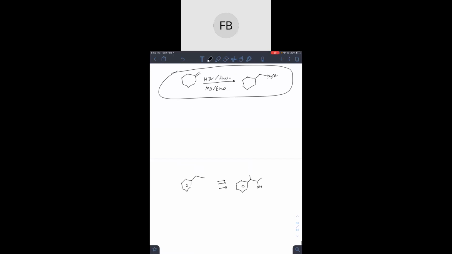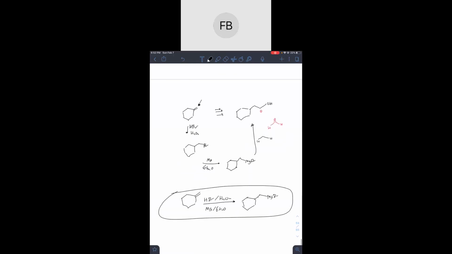Okay, so this is the second one. Also, remember that you need to know your common names for this. So, quick refresher question: what's the name of this? Have you been keeping up with your naming?